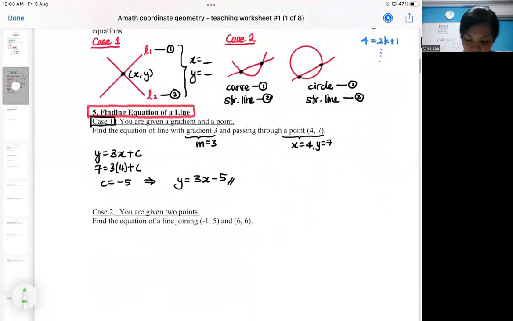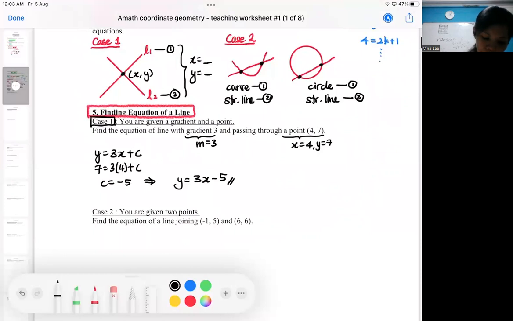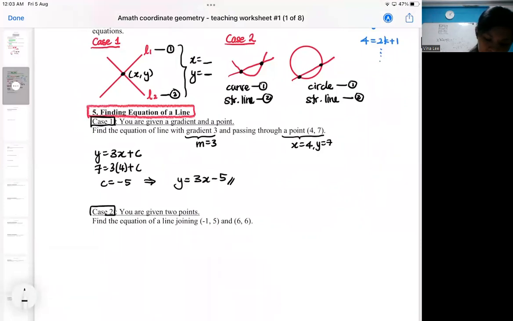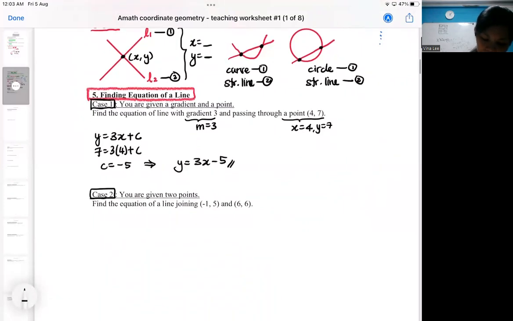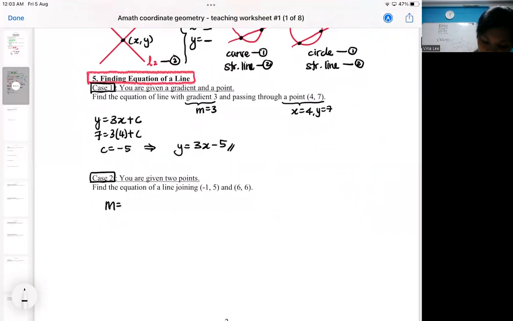Okay, case 2, you only get 2 points. When you only get 2 points, you still need the same idea. You will still need the gradient, and you choose one of the points.